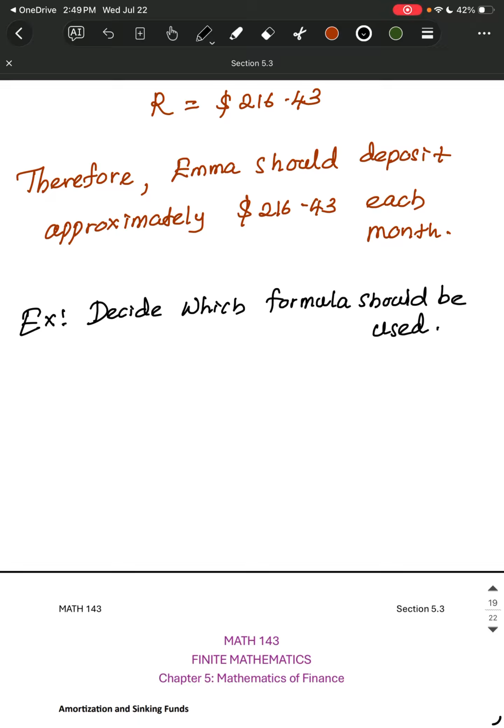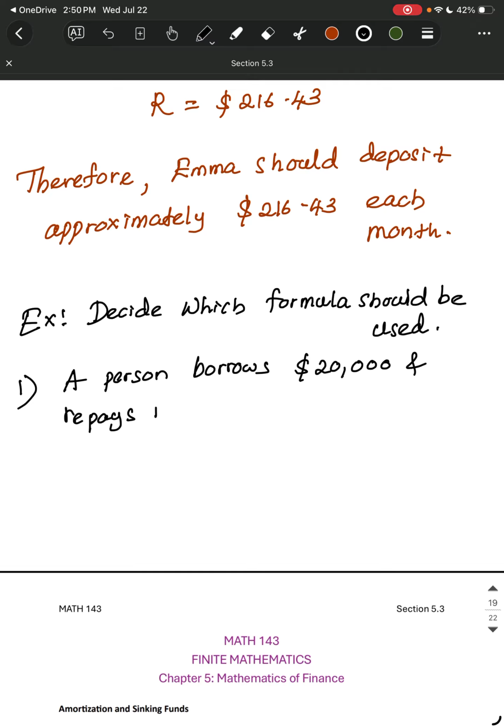First, a person borrows $20,000 and repays it through monthly payments.